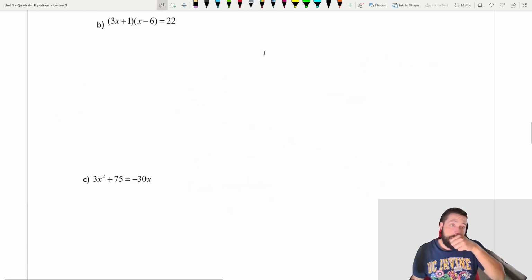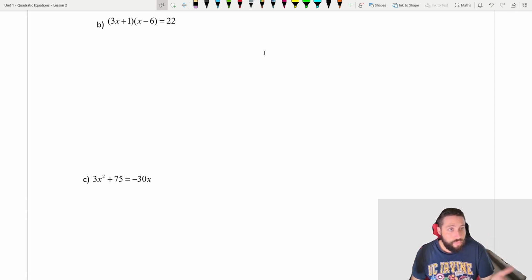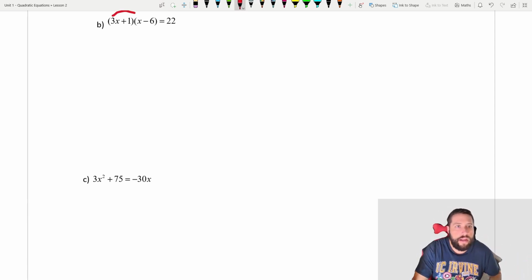Moving on to B, we need to make sure that this equation, 3x plus 1 multiplied by x minus 6 is equal to 22, equals 0 in order for us to use the zero product property. So we're going to expand these brackets and then move the 22 over.